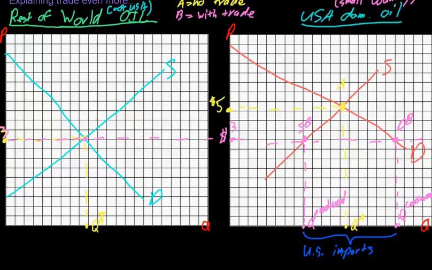So you would take the value of here, so let's say this was 100, and then let's say that this was 50. So then the US would import 50 million barrels of oil if we were measuring this in millions of barrels. So 100 minus 50 is equal to 50. We would import 50 because that's the difference, basically, this domestic shortage.